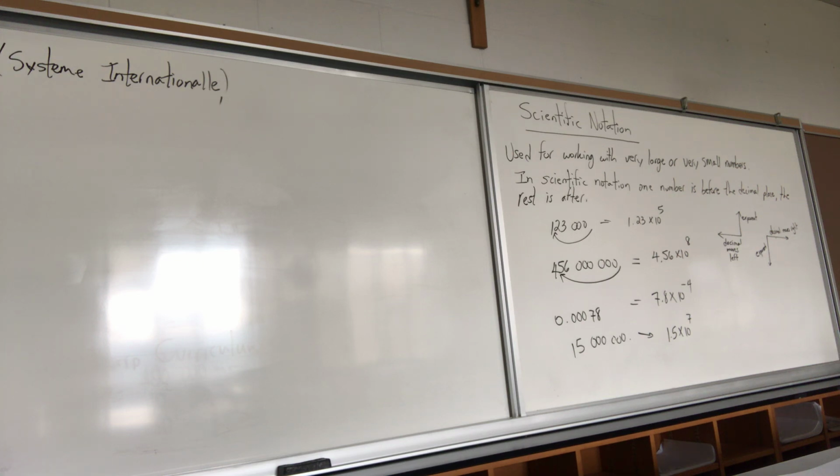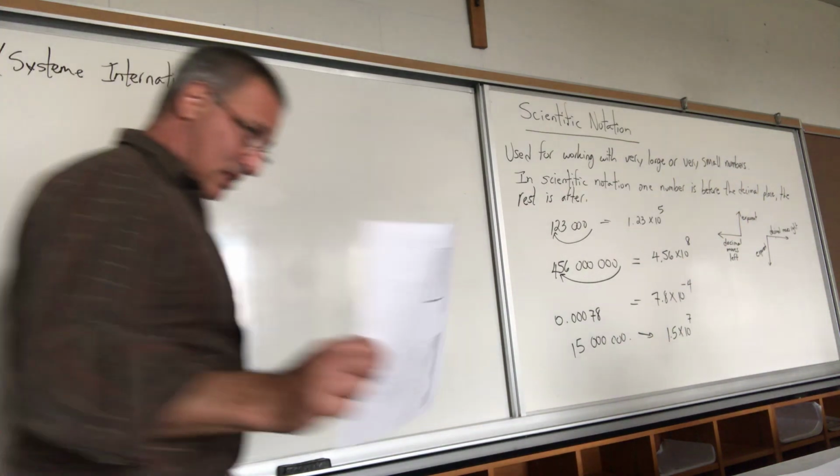What do you say, guys? Anybody? Brittany, what do you say? Where am I going to put that decimal? Between what and what? Any idea? Anybody else? Hey, what's your name? Jessica.